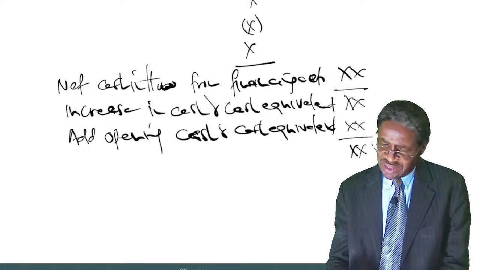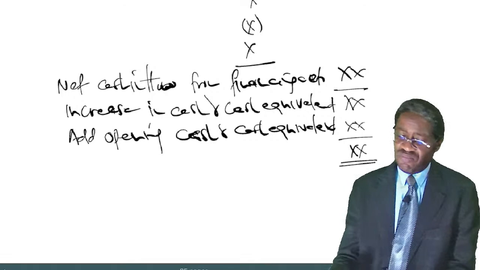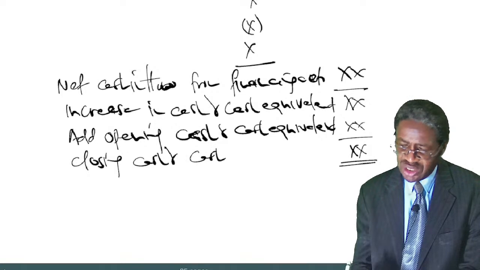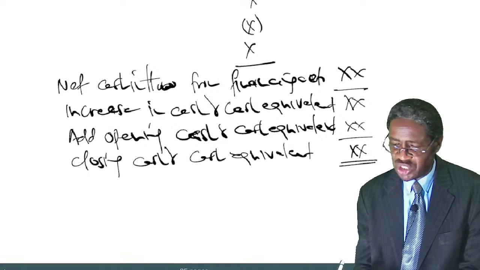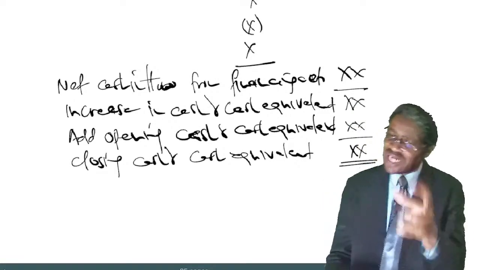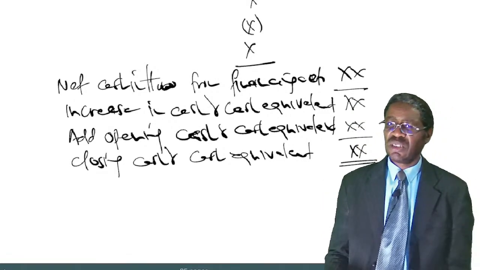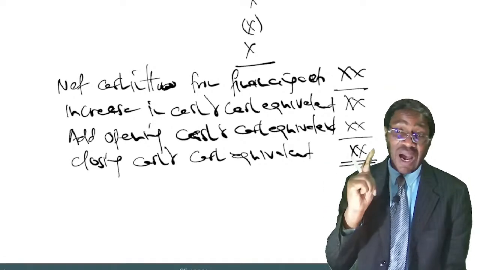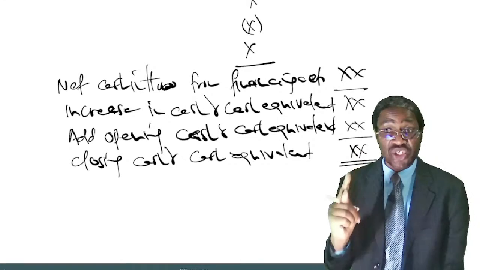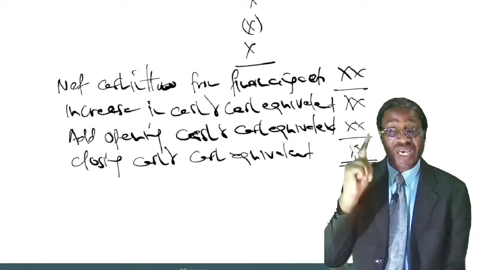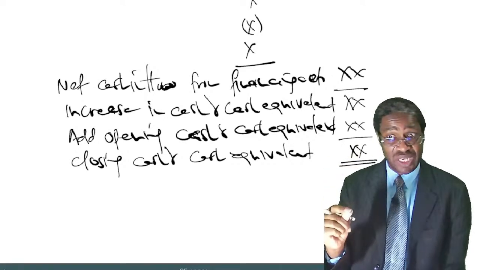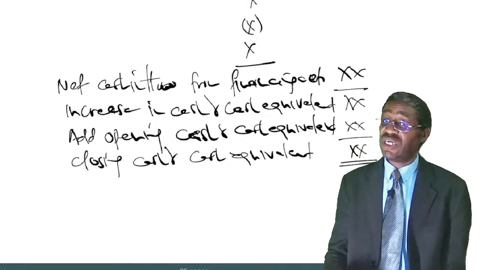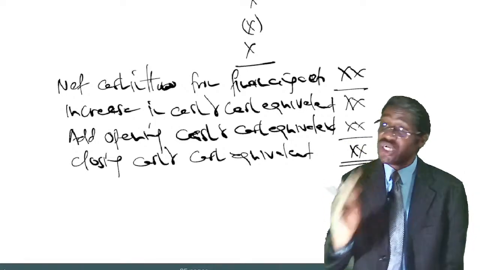Then you get the net, and that total amount down there is what you normally call the closing cash and cash equivalent. That closing cash and cash equivalent should always be the same as the amount you are given in the balance sheet by end of this year, for the current year.